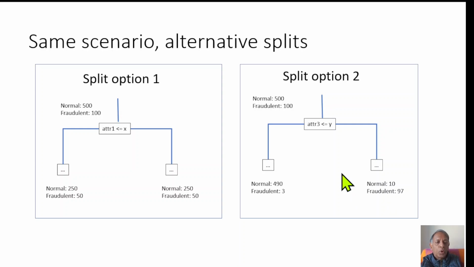Now what we want to do is to say, for this tree I want to arrive at a number which indicates how good it is in terms of homogeneity, and for this tree I want to arrive at the same indicator, and then use the numbers to say I prefer this over that.